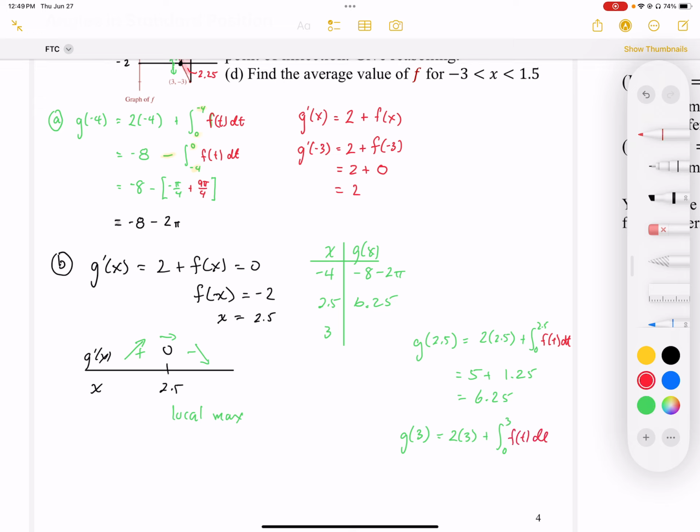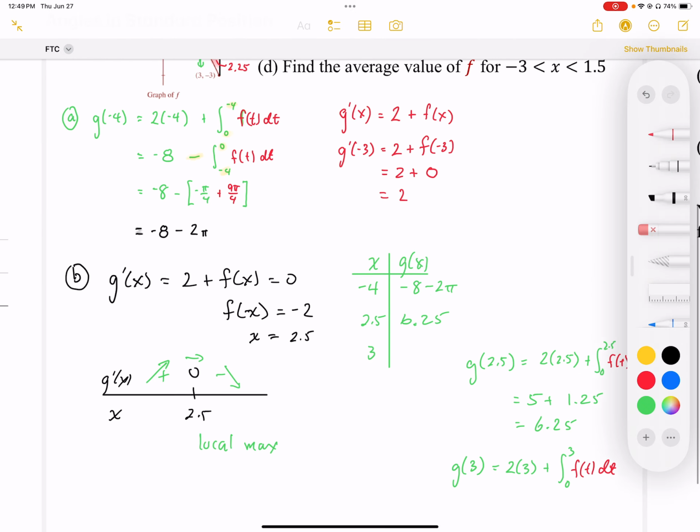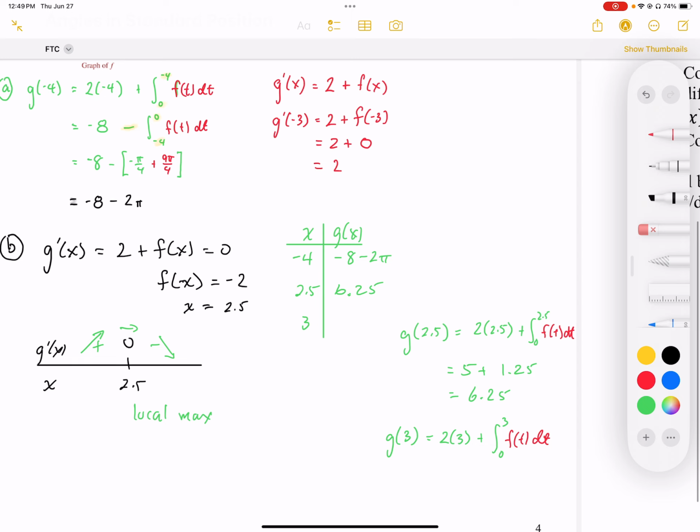From 1.5 to 3, I have the equivalent area below. That's going to cancel out, so the net area is 0. So then g at x equals 3 is going to be 6 plus a net area of 0, or just 6. So in this case here, we can see that the absolute maximum then is going to be at the local max of 6.25.